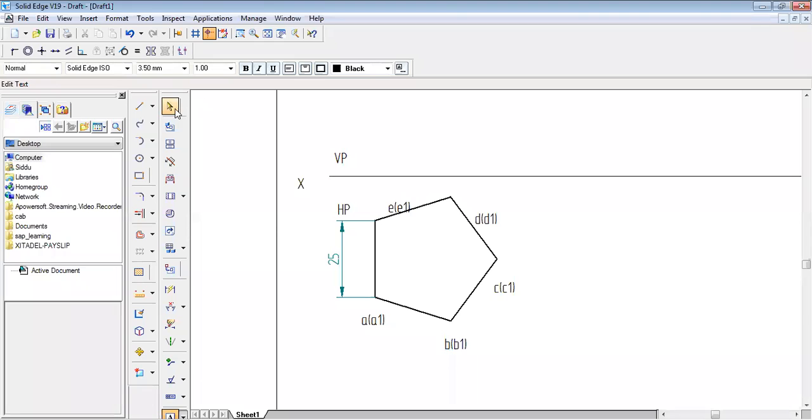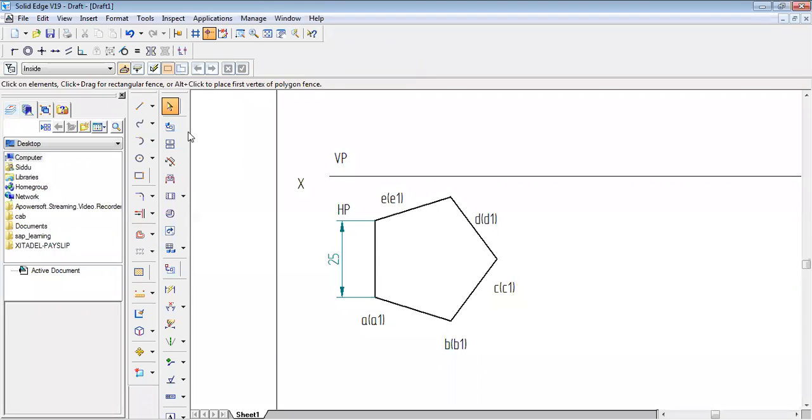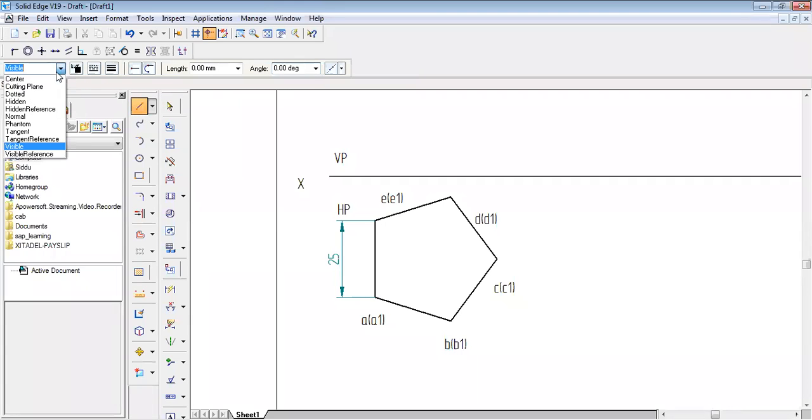Okay. So this is done. So now after that, we are supposed to draw a center line or axis line.